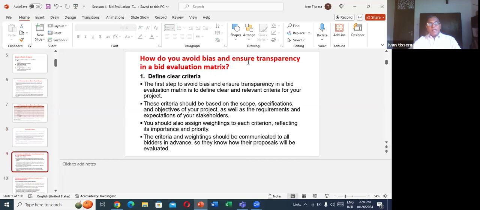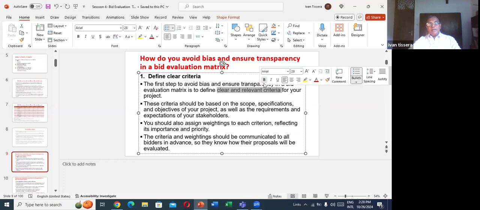How do you avoid bias and ensure transparency in a bid evaluation matrix? The first step is to define clear and relevant criteria. So you must first identify the clear and relevant criteria for the procurement.